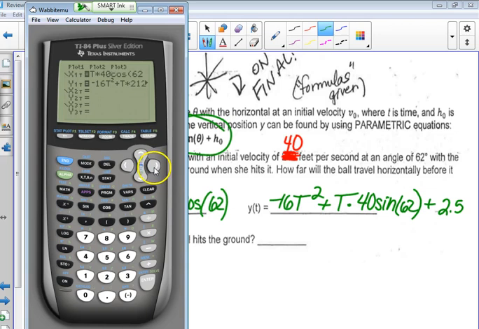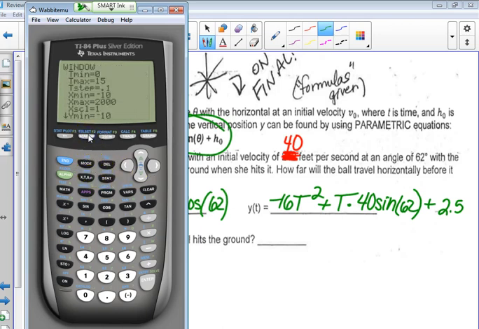So it's t times 40 cosine of 62. And then it's negative 16t squared plus t times 40 sine of 62 plus 2.5. Everybody okay?